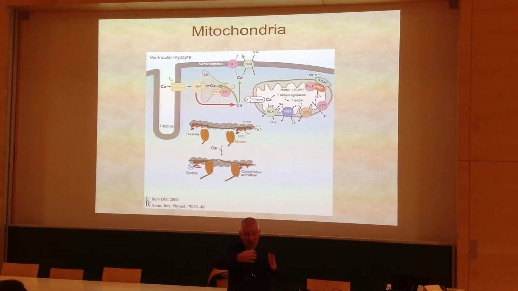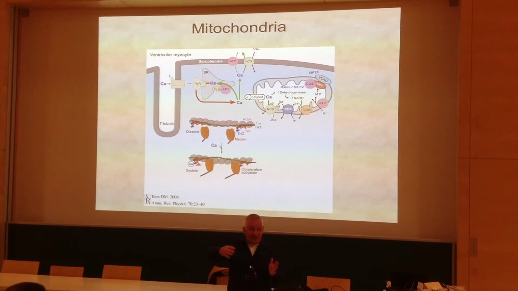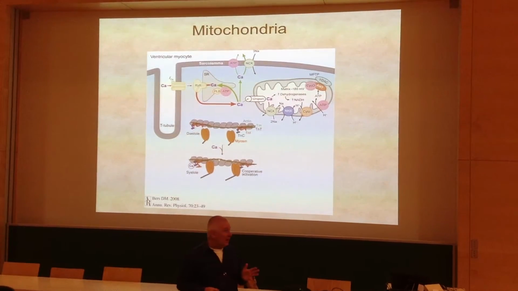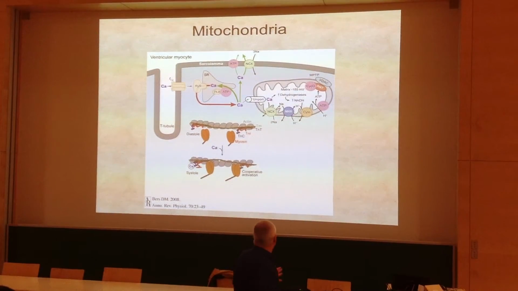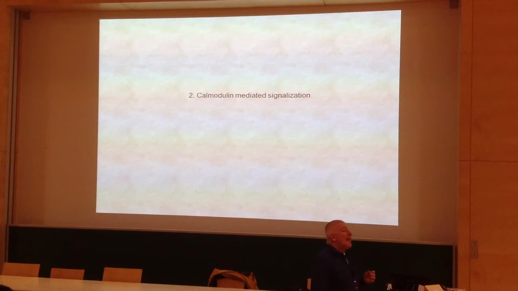So the same calcium pathway will serve two signaling functions. One is the conductivity, and at the same time it adjusts the ATP production rate to the need of the pumping activity of the heart. When we have more pumping activity, more calcium is released, therefore the enzymes are activated.